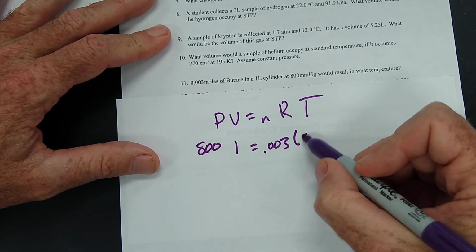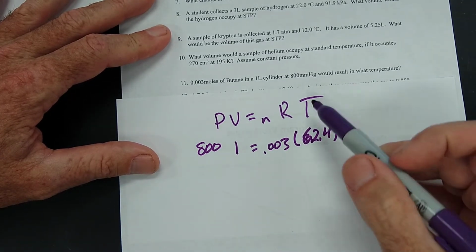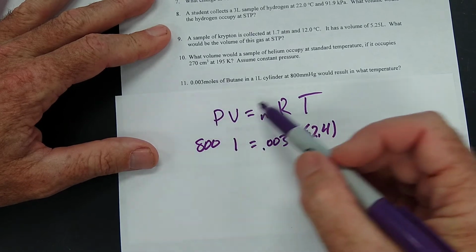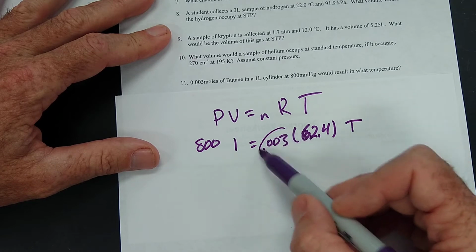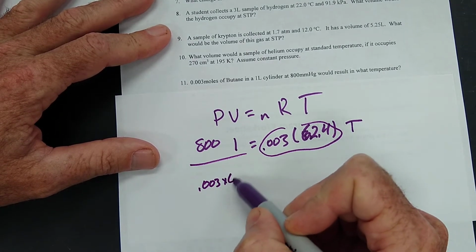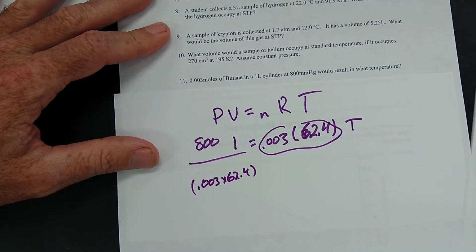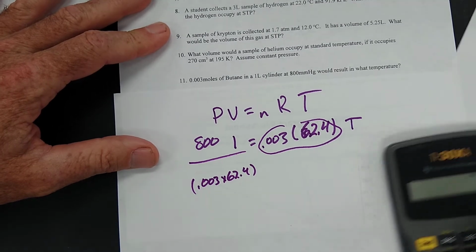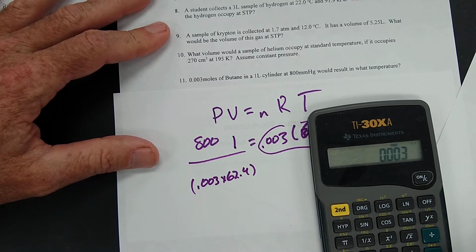Millimeters of mercury, we use 62.4 as our R. And would result in what temperature? Okay, so we're going to have to take these numbers, put them down here, 0.003 times 62.4. So we'll do 800 divided by parentheses 0.003 times 62.4, close parentheses, equals.